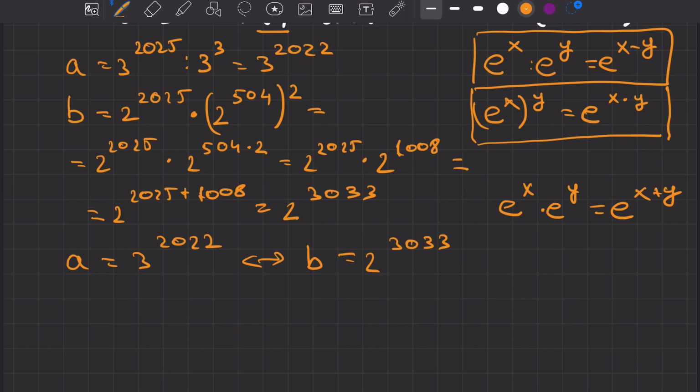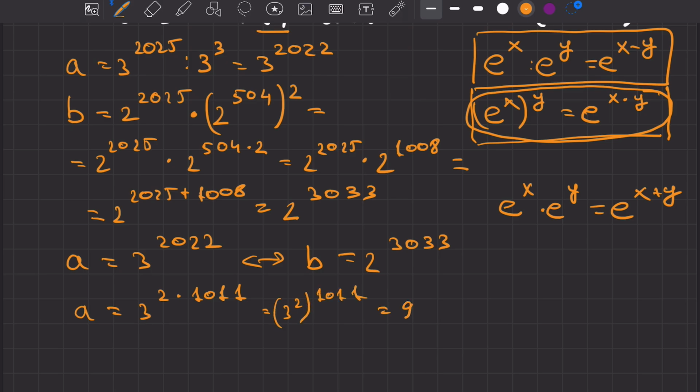We would write a as 3 to the power of 2 multiplied by 1011, and we apply this rule from here so that we can write this as 3 to the power of 2, everything to the power of 1011, and this gives us 9 to the power of 1011.